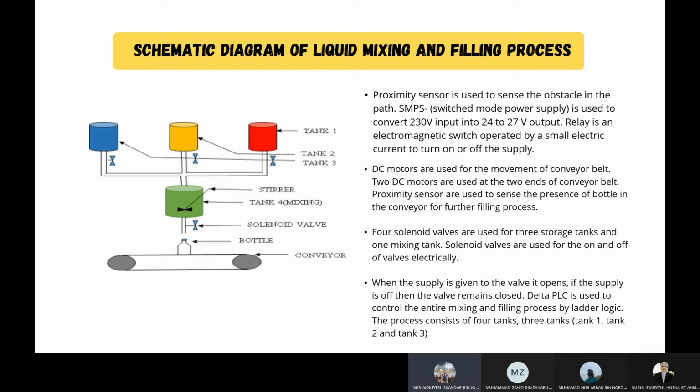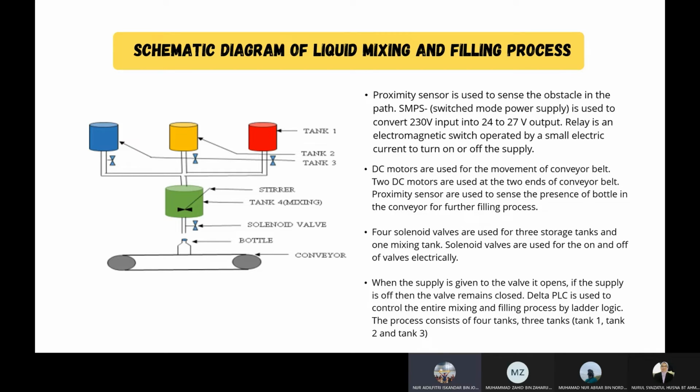Relay is an electromagnetic switch operated by a small electric current to turn on or off the supply. Second is the DC motor, used for the movement of the conveyor belt. 2 DC motors are used at 2 ends of the conveyor belt.